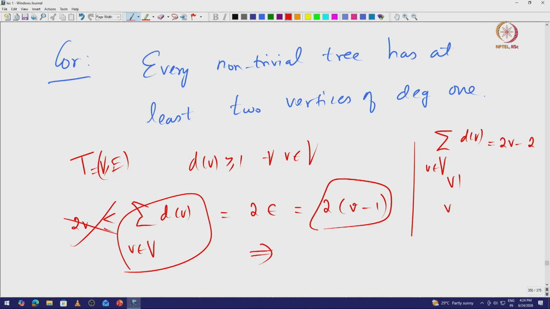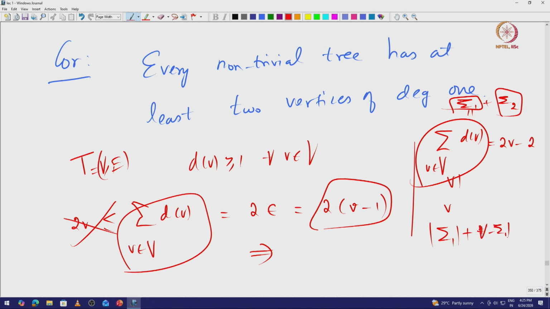If we rewrite this summation as the sum of 2 things, sigma 1 plus sigma 2, where sigma 1 has all the vertices of degree 1 and sigma 2 has all the vertices that have degree at least 2, then we get the cardinality of sigma 1 plus at least twice the number of remaining vertices, V minus the cardinality of sigma 1.